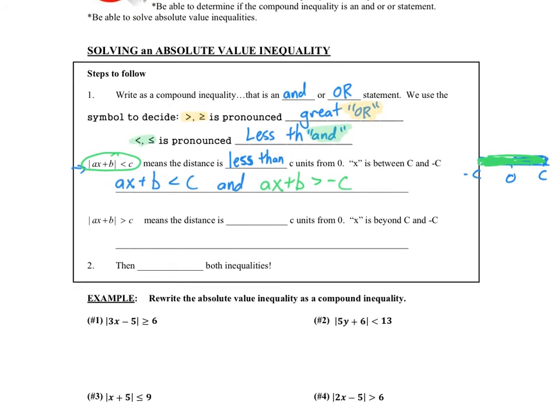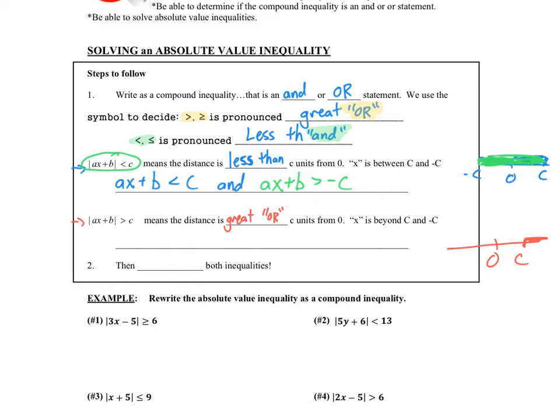Okay, when we have a greater than symbol, like the absolute value of ax plus b is greater than c, this means the distance is greater than c units away. So how we write this would be, if we're at 0, so I'll draw my graph. If c is right here, it's more than c units away.